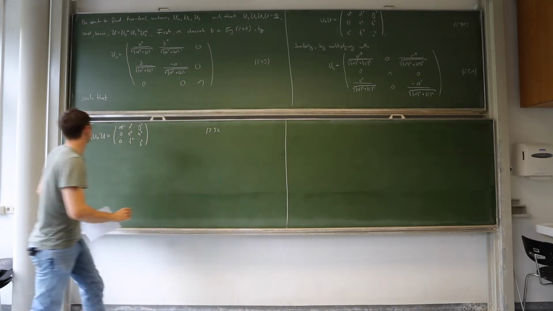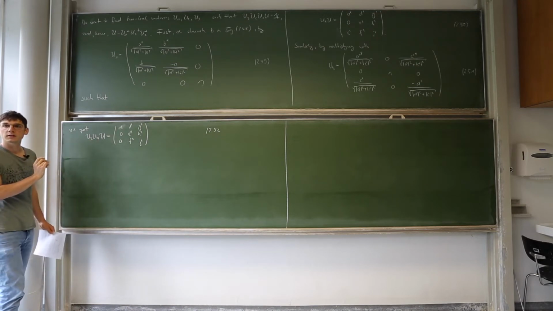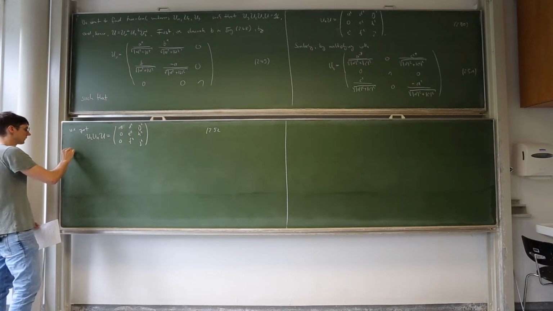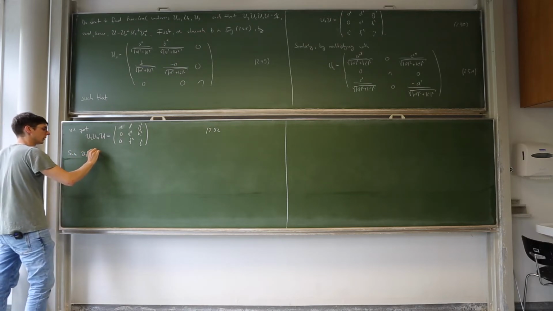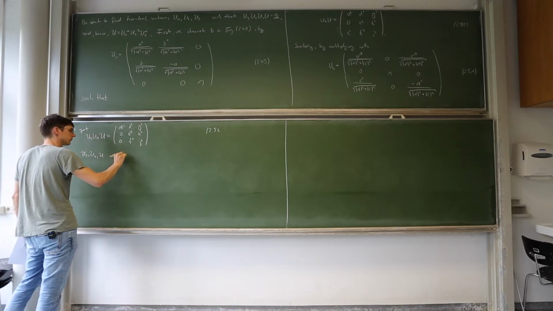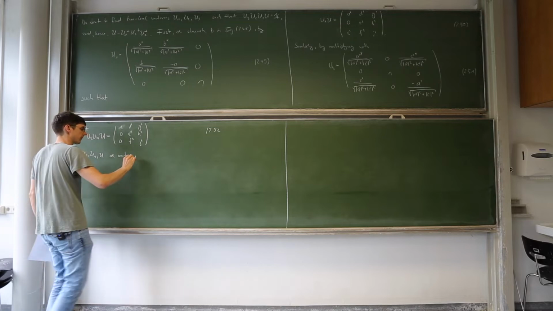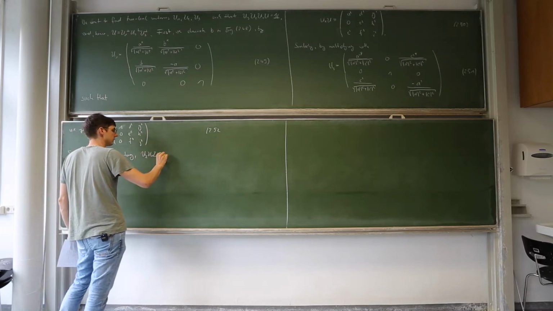Now, since u2, u1, and u are unitary, the same must hold for the product. So u2 times u1 times u must also be unitary.